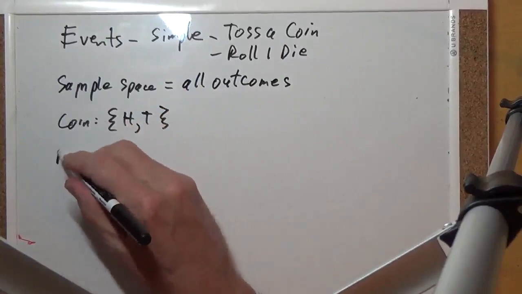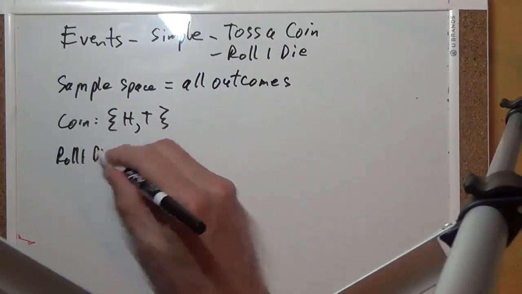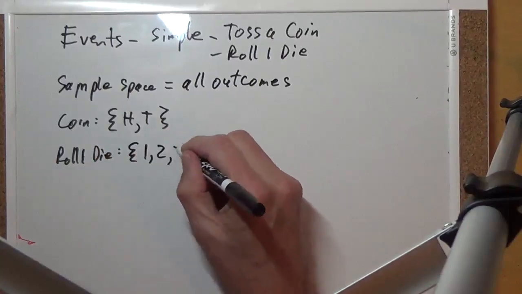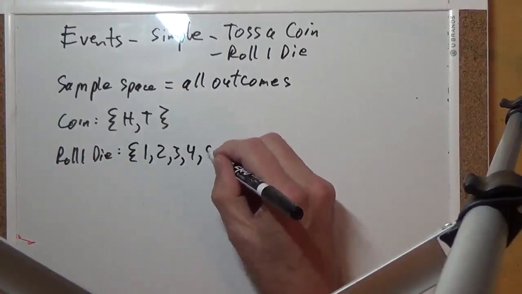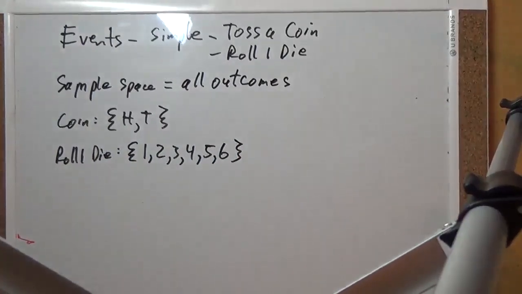If you roll one die, well, it can come up a 1, 2, 3, 4, 5, or 6. So we call these the sample spaces of these simple events, meaning there's only one thing going on.